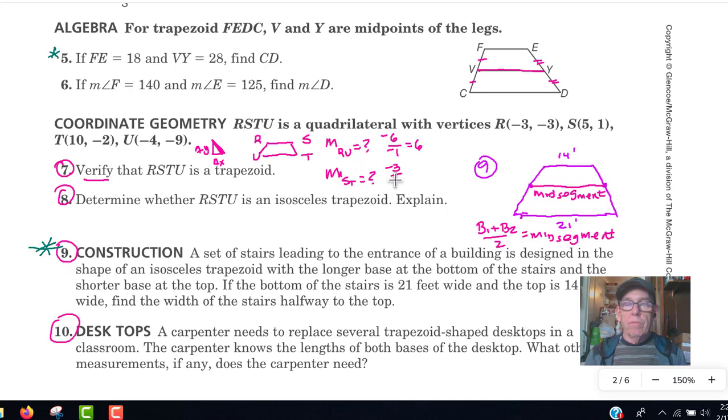We're going up 5. So that's a slope of -3/5. So these sides are not parallel to each other. So now we need to check the slope of RS and the slope of UT.